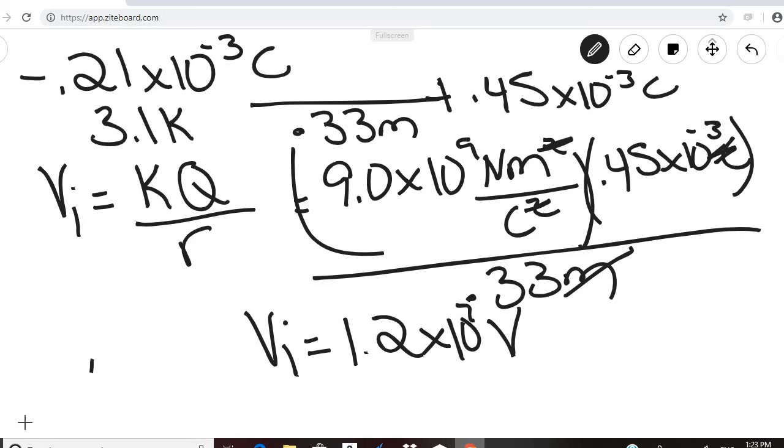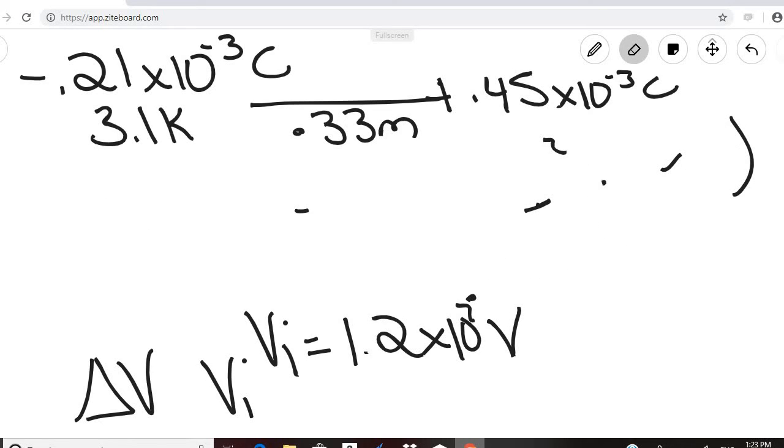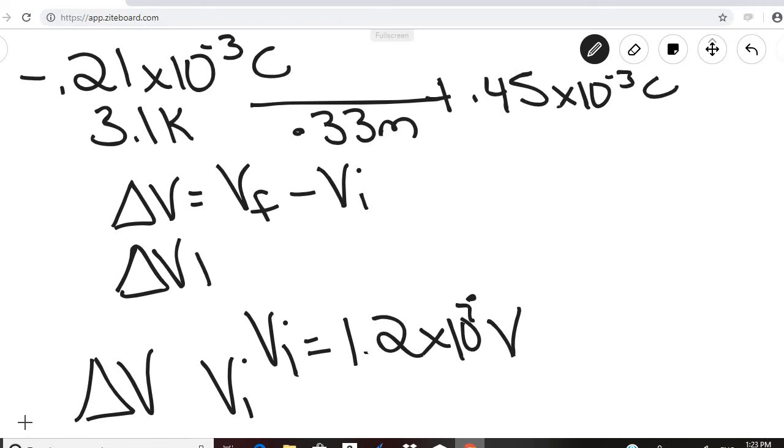Okay, so now we know delta V and we know VI, so let's use that to calculate VF. Delta V equals VF minus VI, so delta V plus VI equals VF.